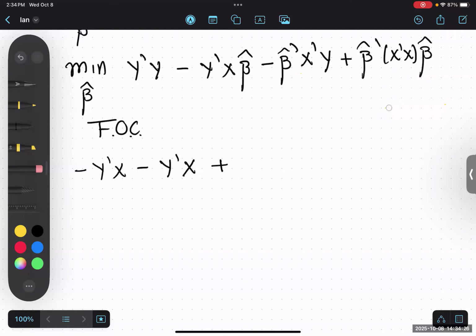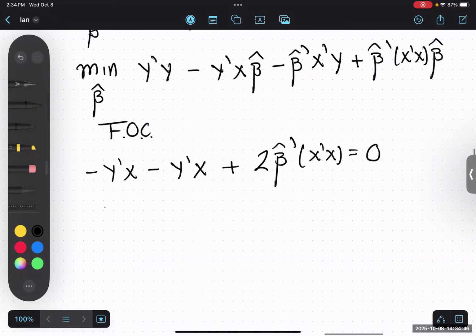Once again, go back to your notes. So this will be 2 times beta hat transpose and your symmetric matrix. And according to the first order conditions, this must be equal to 0. I will rewrite the first 2 terms. Obviously, this is negative 2 y transpose x plus 2 times beta hat transpose and your symmetric matrix.